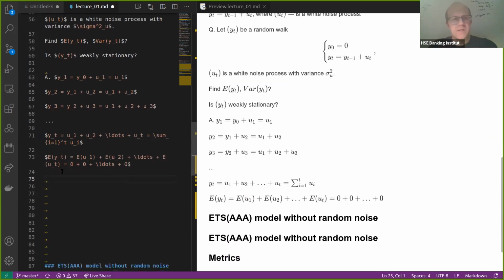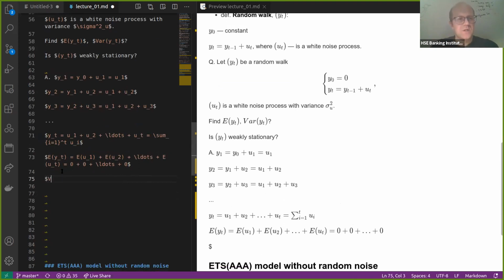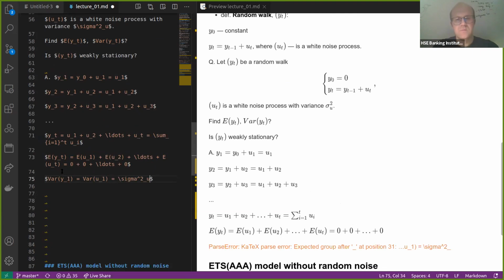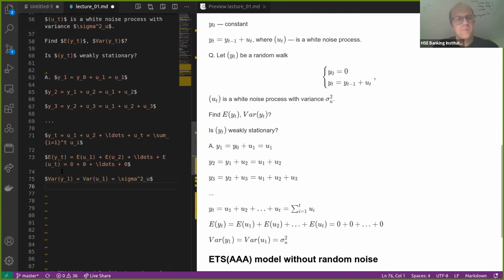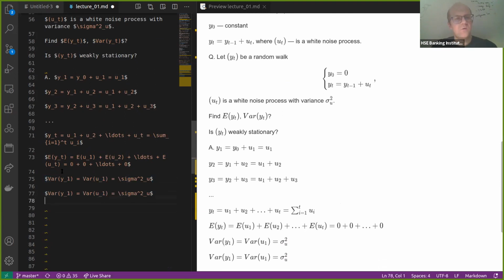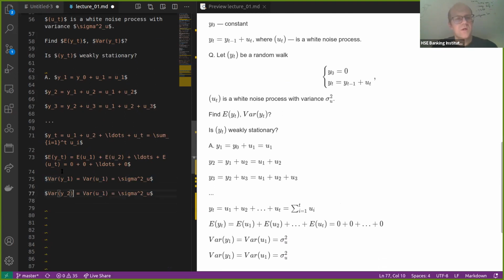Let's move on to the variance. The variance of Y1 is the variance of U1, and it's equal to sigma squared. What about the variance of Y2? It's the variance of U1 plus U2.